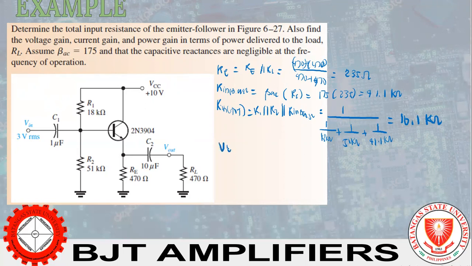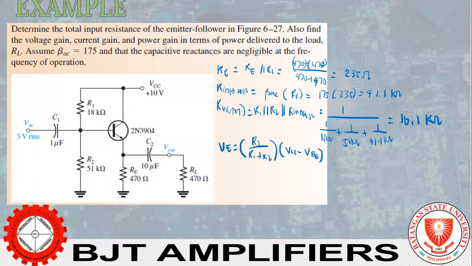And for our VB, we have the R2 over R1 plus R2 times VCC minus VBE natin. Okay?